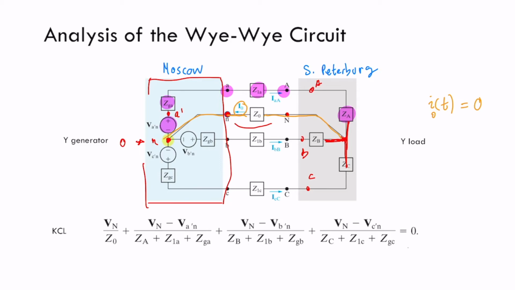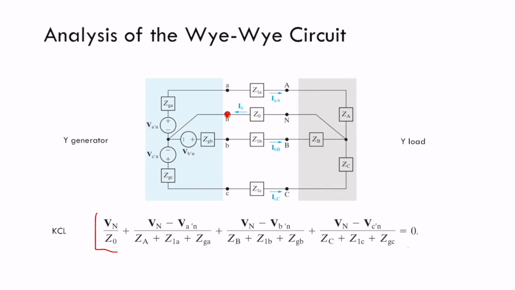So let's start with the Kirchhoff laws. The current that arrives to this N will be this VN, the voltage that I have here with regard to this N, divided by Z0. So this is basically I0. I will write this in a different way.